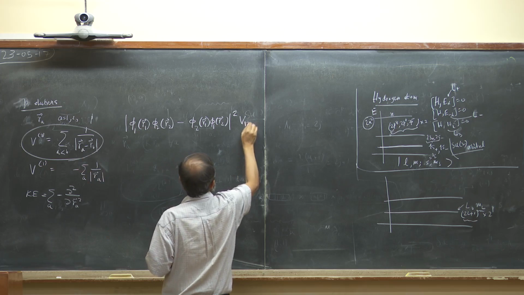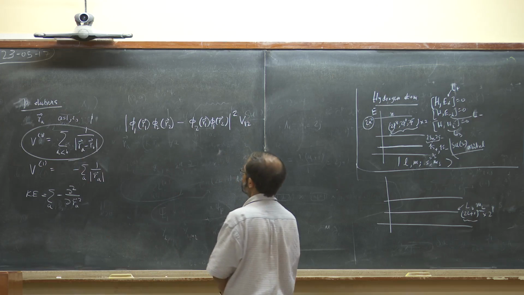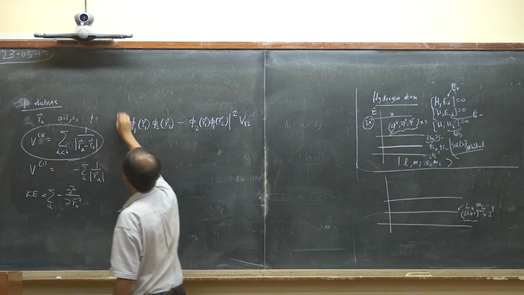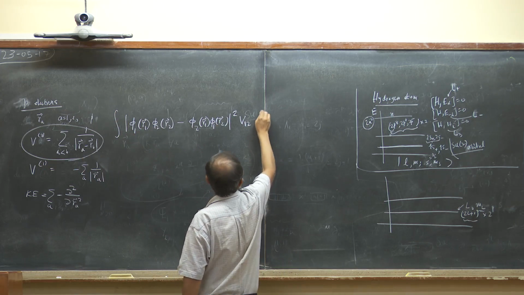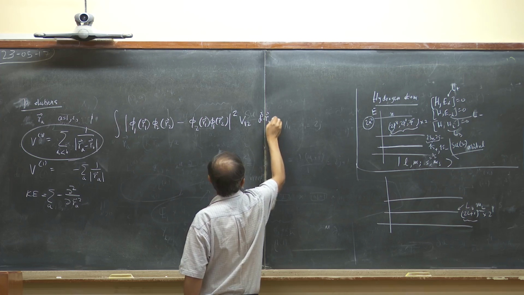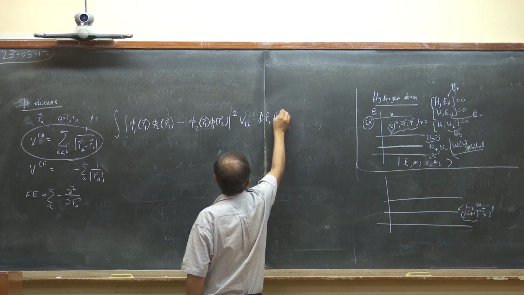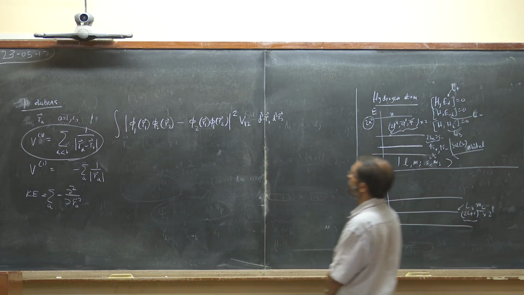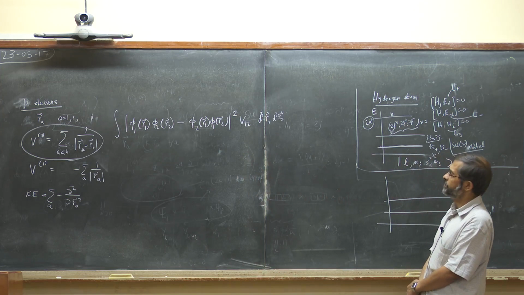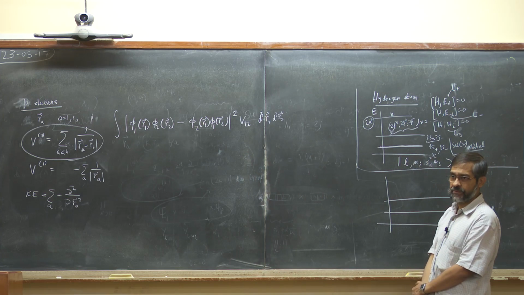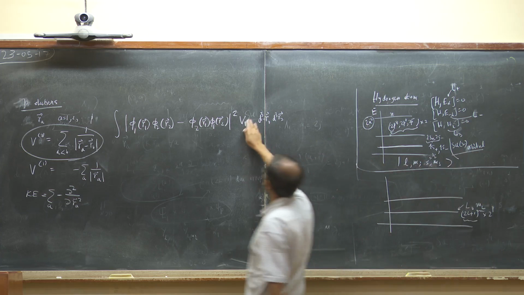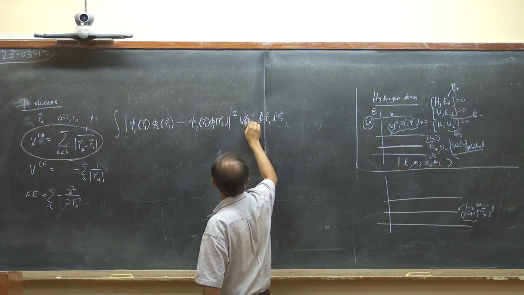So V(1,2), and this is the full term in the action that appears. So this V is a function of R1 minus R2, let's say.